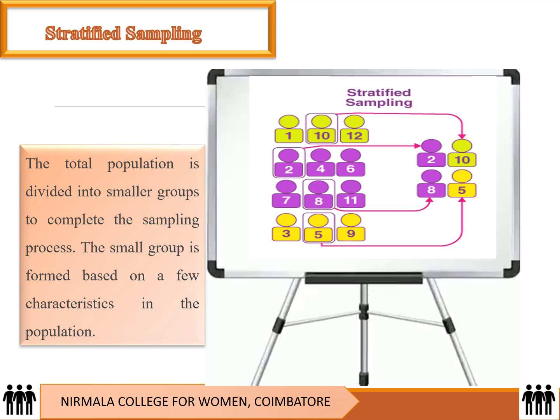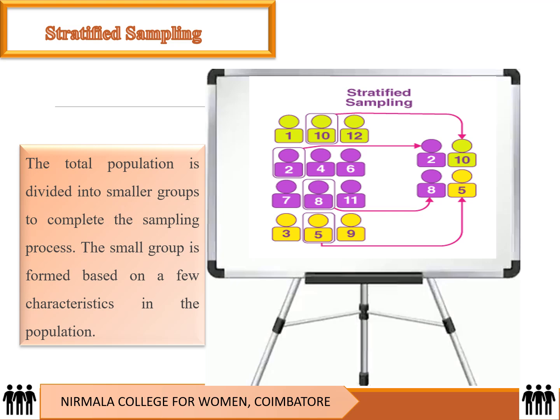So here we have to choose a sample of balls from each bag proportionally. Suppose 5 balls from bag A, 10 balls from bag B, and 20 balls from bag C. So likewise we have to stratify each group and pick up the individuals.